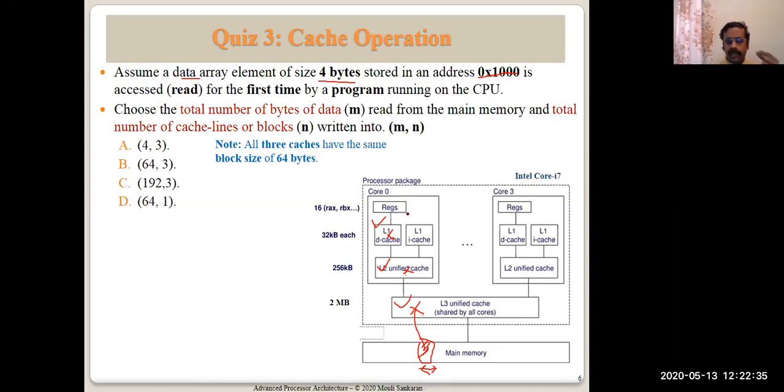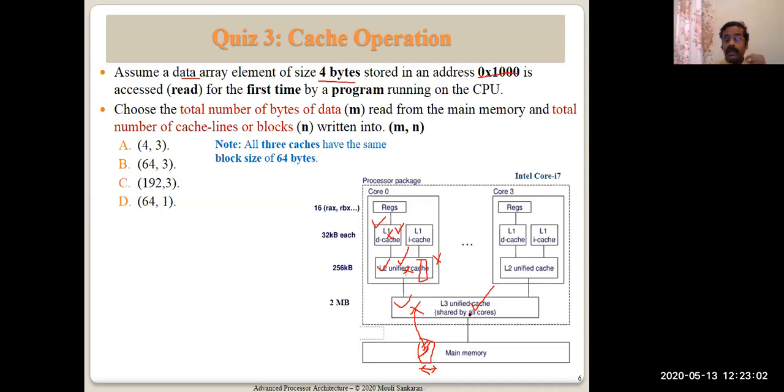So let me explain one more thing. When the CPU is accessing a data, it will first check whether it is there in L1. If it is not there, it will check whether it is in L2, because it has more number of blocks it can store. So it might be having that data block here. If it is not here, it will check whether it is available in L3, because it has got much more number of blocks it can hold.